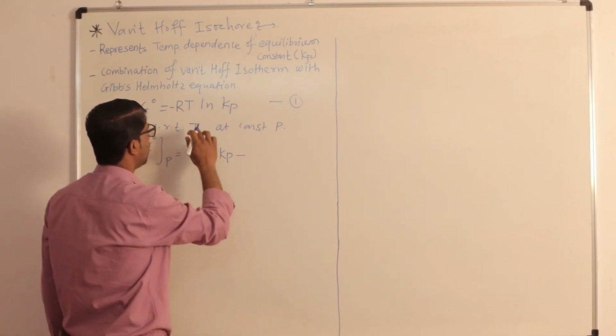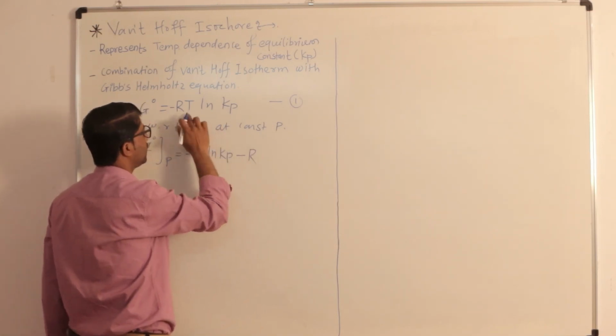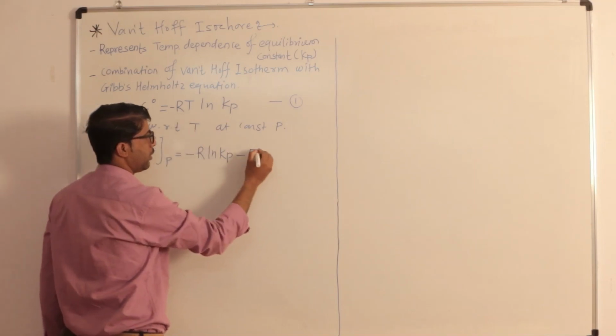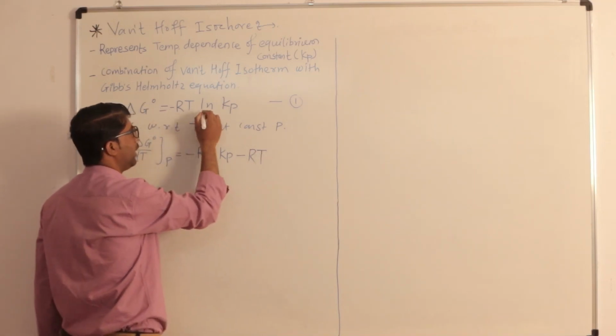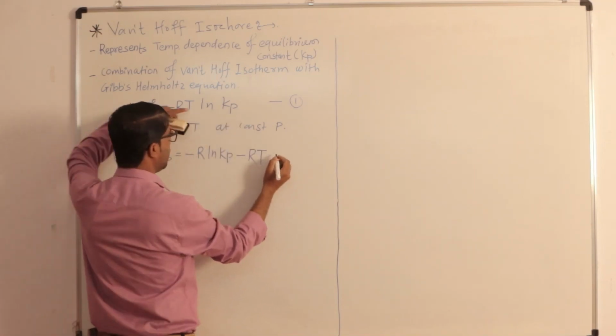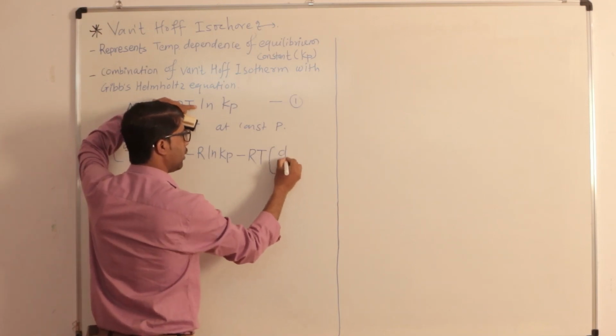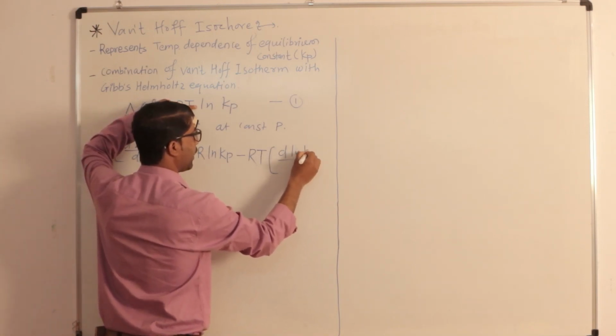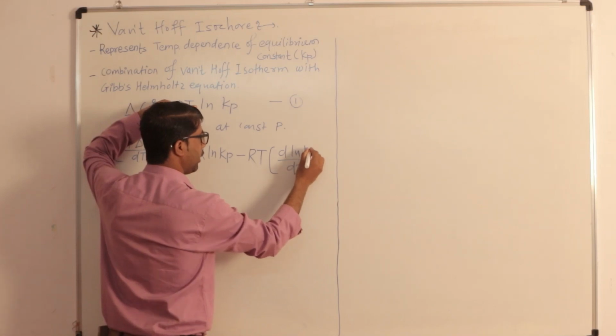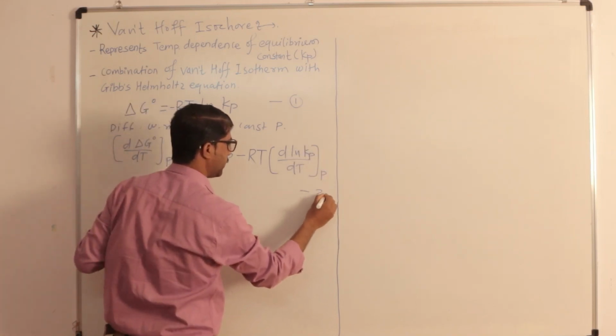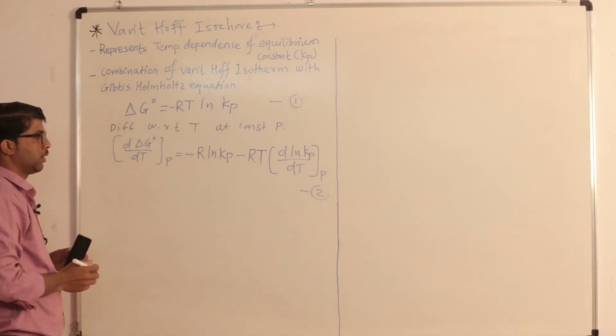Again minus R is constant, and here T becomes constant, and the differentiation of the second term is the differentiation of ln Kp with temperature at constant pressure. Let's say it is equation number 2.